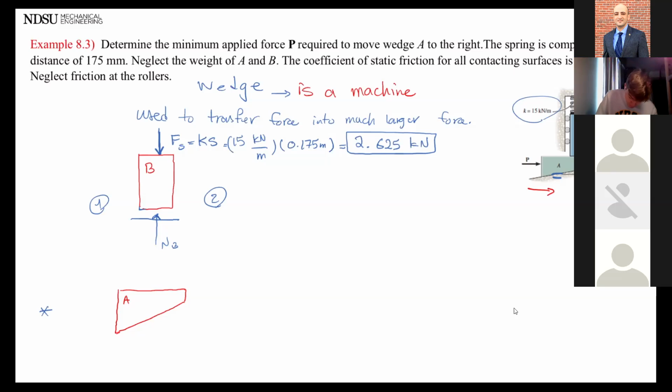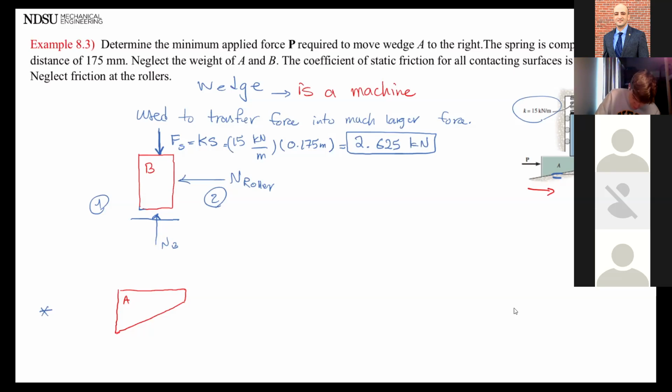What else am I missing on this free body diagram? Force on the rollers. Normal, right? So instead of putting 3 normal forces, one on each roller, I'm just going to put 1 normal force. It's just a reaction from all those rollers instead of putting 3.